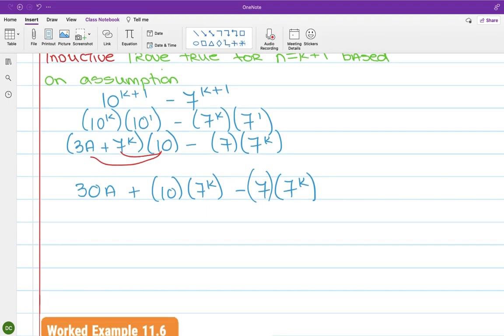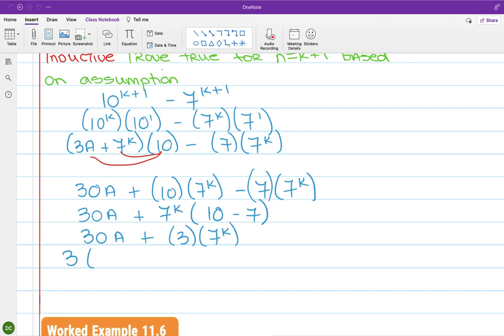So 30a is fine. Here I'm going to take the 7 to the k out as a common factor, which leaves me with 10 minus 7. So it's 30a plus 3 times 7 to the k. And just like I did the last time, I can take the 3 out as a common factor, which leaves me with 10a plus 7 to the k.